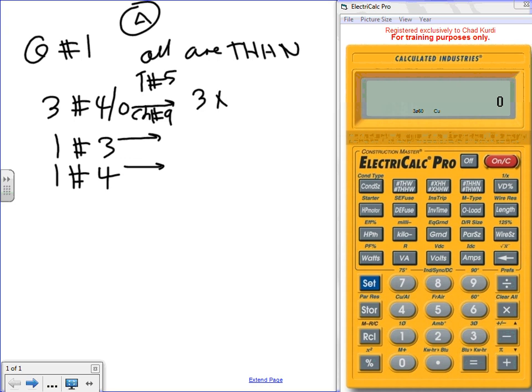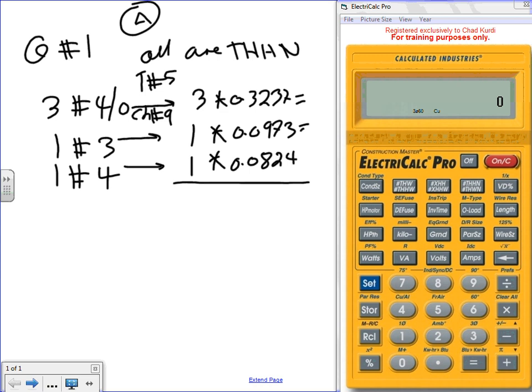Please correct me if I do something wrong. 3 times 0.3237, and then 1 times 0.0973, and another 1 times the cross-section area 0.0824.